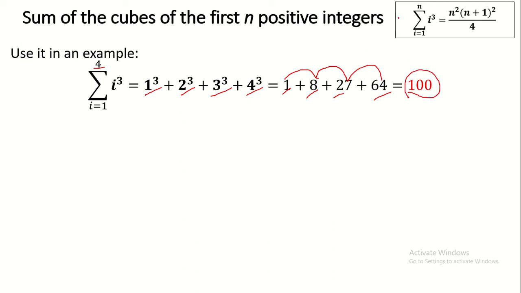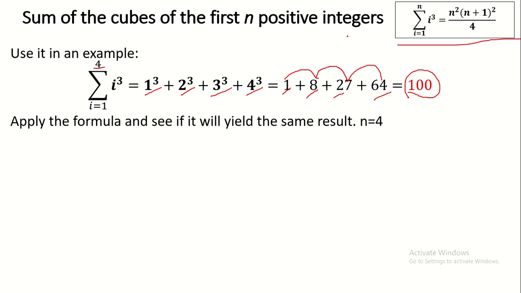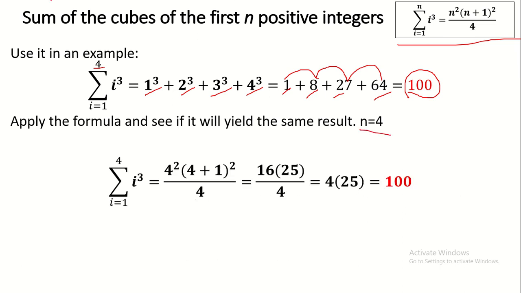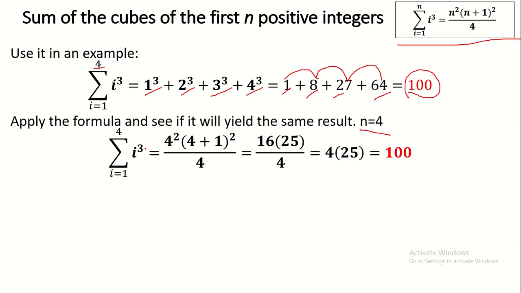Ngayon, gamitin naman natin itong binigay na formula. Okay? So, ang n natin ay 4. So, the summation of i cubed from i equals 1 up to 4 is equal to... substitute lang natin yung value ng n dito sa formula. Ang n natin ay 4.